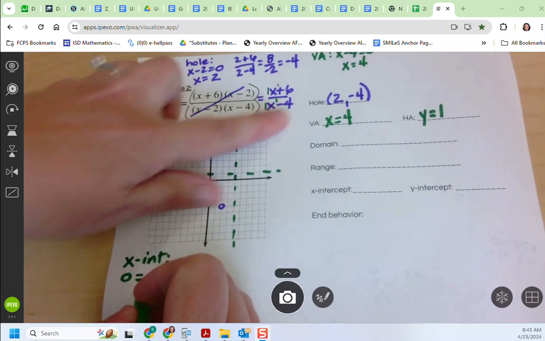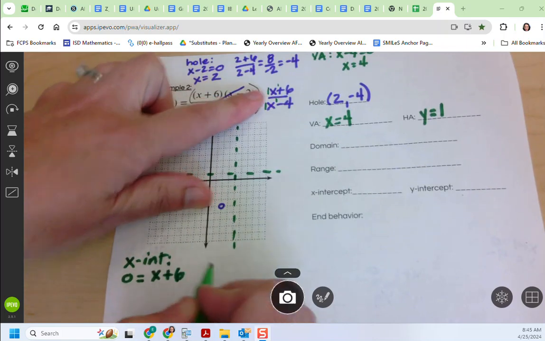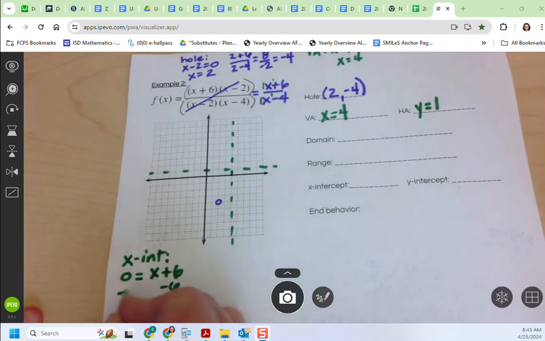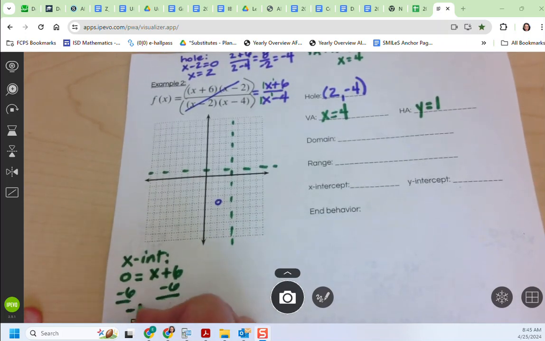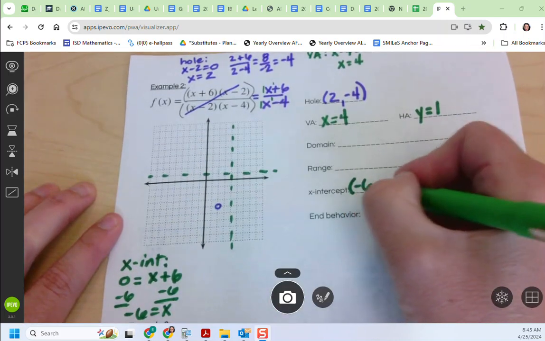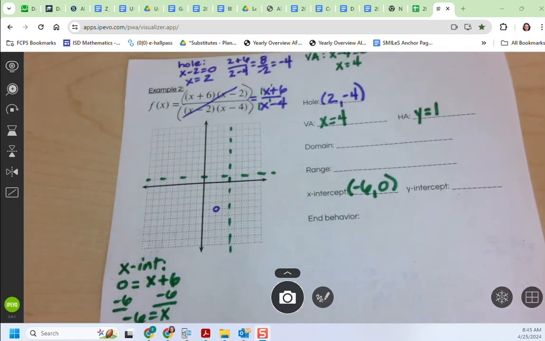And if I have a fraction that equals 0, just the top equals 0, so it's going to be x plus 6. And I subtract the 6. Negative 6 equals x. So my x-intercept, negative 6 is the x, and I put 0 for the y, that goes there.